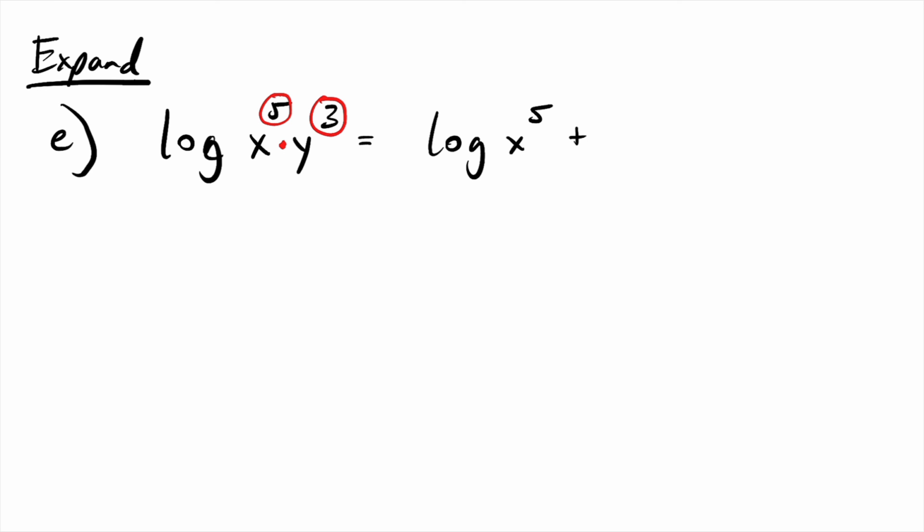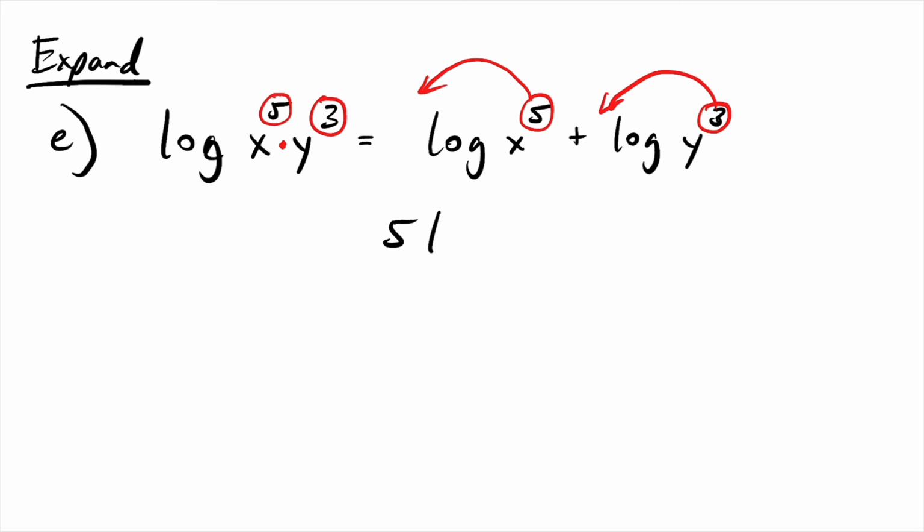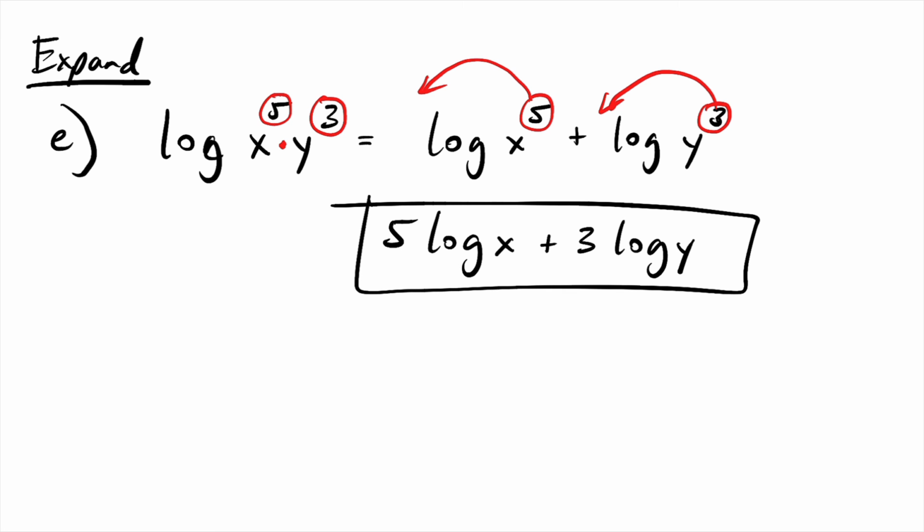Give each one a log. Okay. Then I do powers. Now the last thing I'm going to do is powers. Move this guy to the front. Move this guy to the front. I have 5 log of x plus 3 log of y. Done.